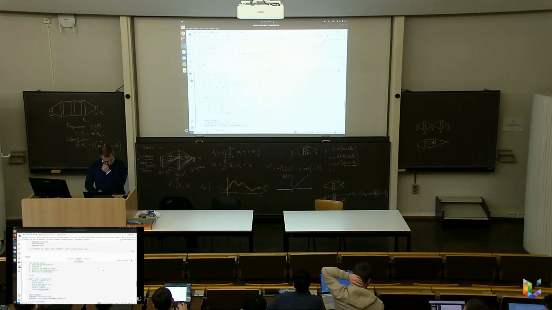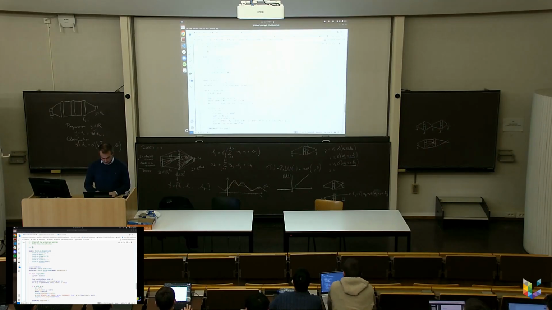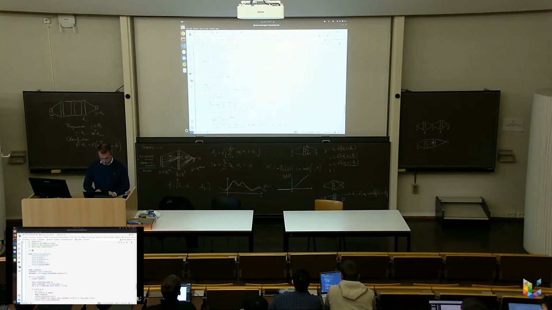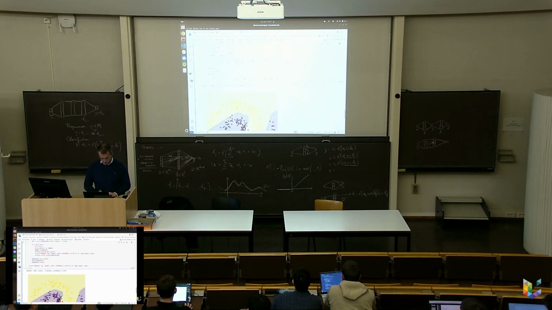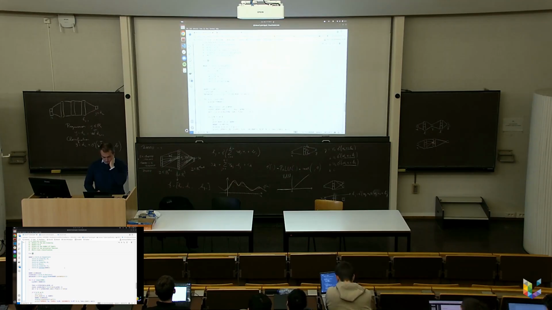What else can I show you? Yeah, the effect of the activation function, maybe. Okay, 10, 10. So this is the two-layer MLP with 10 hidden units in each.